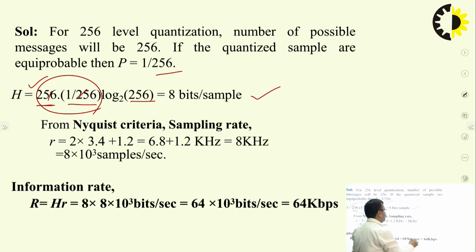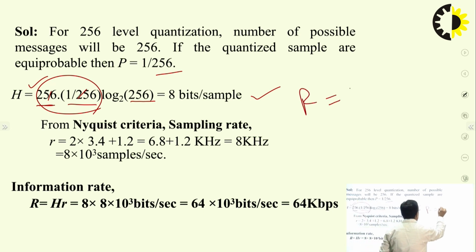Now I have to calculate capital R. How do you find capital R? From the Nyquist criterion we know 2 into 3.4 plus 1.2 guard band. This is for small r, because the signal is band limited to 3.4 kilohertz, so 2 into 3.4 plus guard band gives 8 kilohertz, or 8 kilo samples per second.